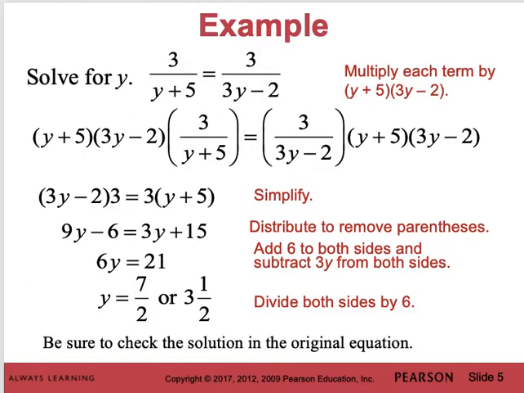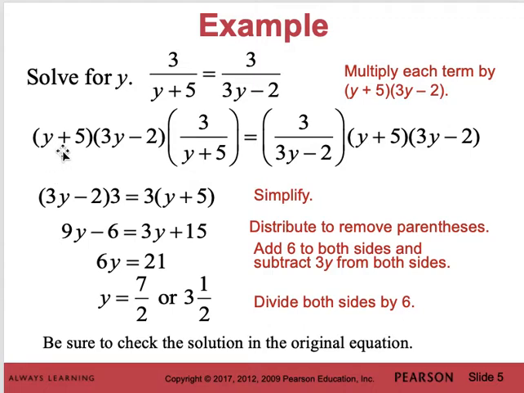Let's try another one. Solve for y. Well, first, we need to figure out what's the least common denominator. The least common denominator is just the combination of multiplying these two denominators together. So we're going to multiply each term by y plus 5 times 3y minus 2.